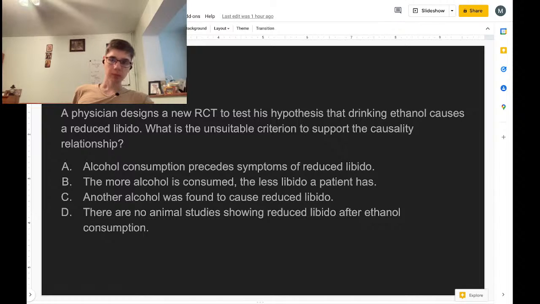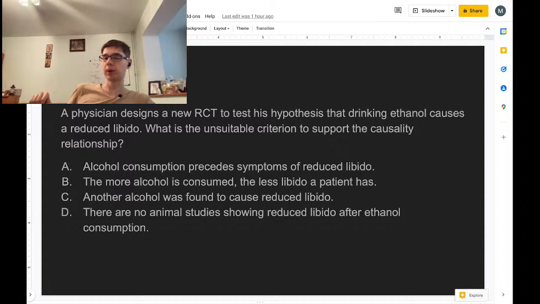Okay, let's discuss the answers. So the question focuses on the Bradford-Hill criteria to provide support on causality relationships. A states that alcohol consumption precedes symptoms of reduced libido.